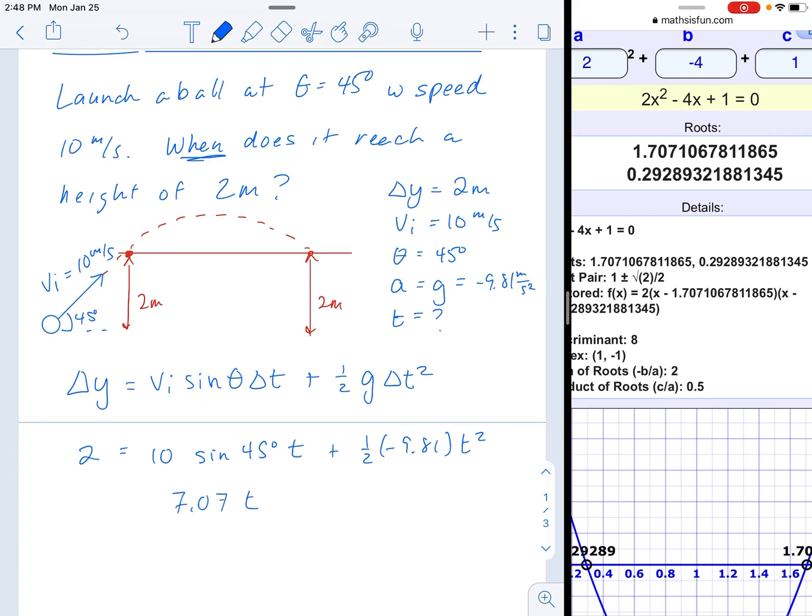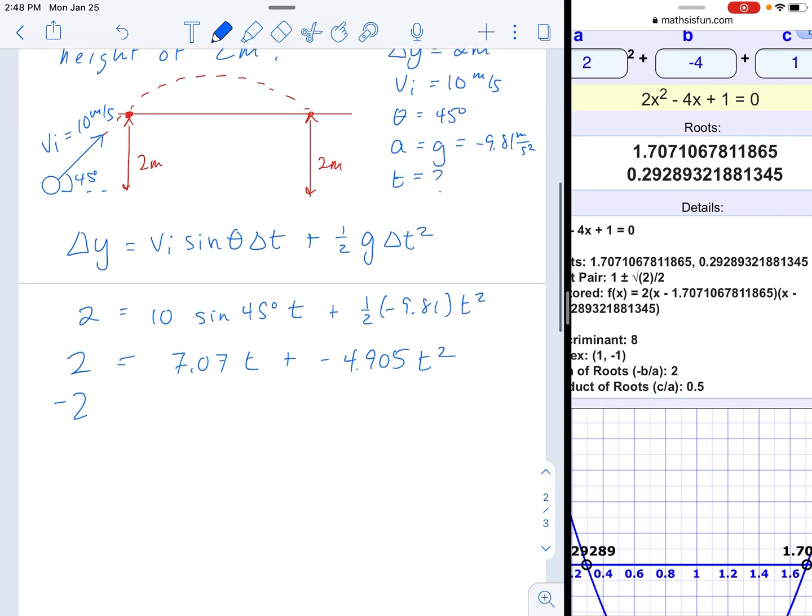I would plug that into a calculator. 1/2 times negative 9.81 is negative 4.905 t squared. And then I'm going to subtract 2 from both sides so that I have 0 equals negative. Oh, that's a mess. Hang on a second. I'll do this in the next step so it's not such a mess.